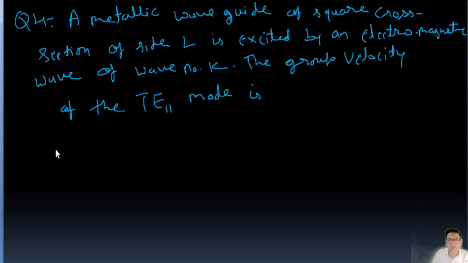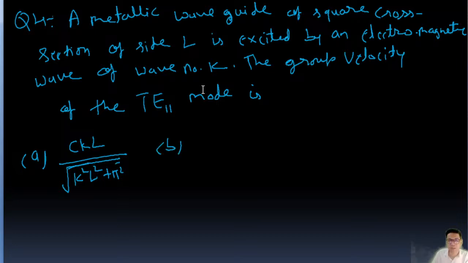Options are: option A is c k L upon root k square L square plus pi square.